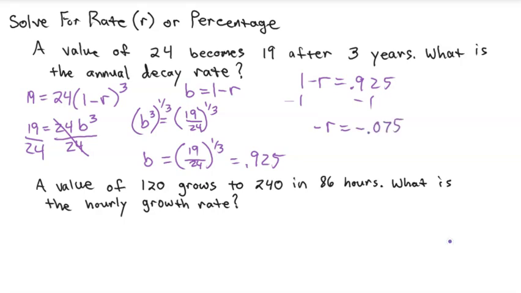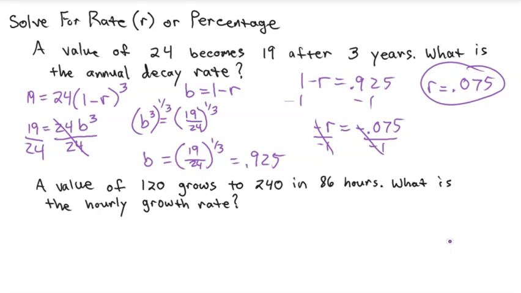But now what we can do is divide both sides by -1. If we divide by -1 on both sides, that cancels the negatives, and we get r is equal to 0.075. So that is the rate. That's the decay rate, okay?